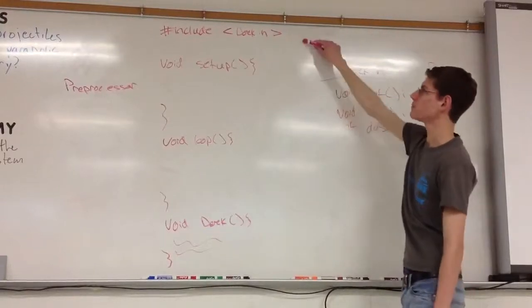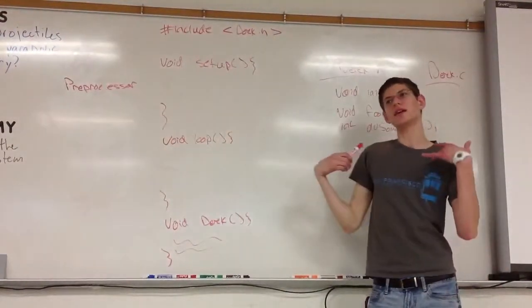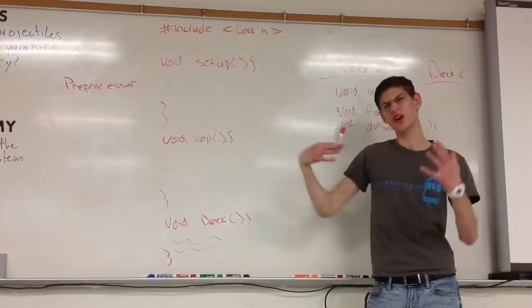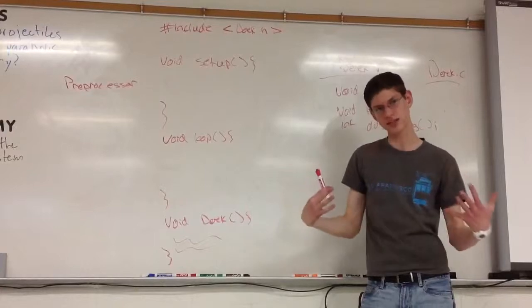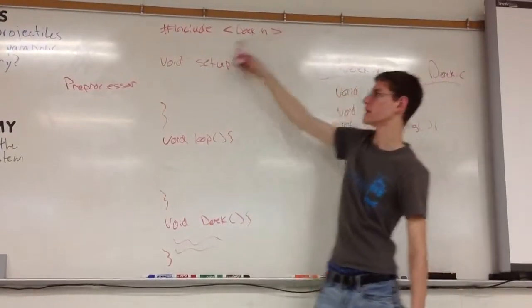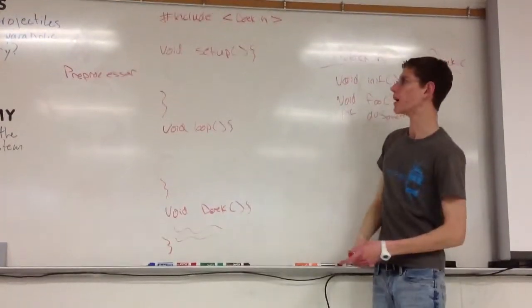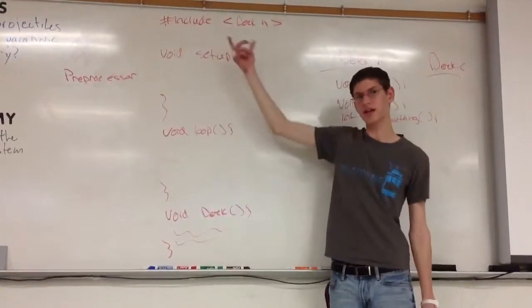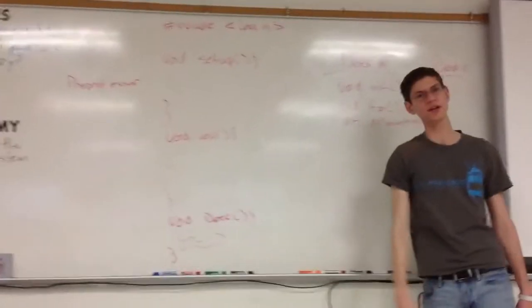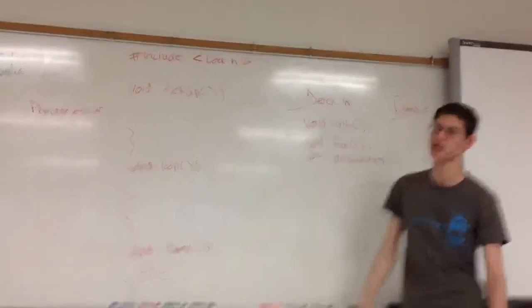It looks for statements that start with the pound, and then it restructures the way your file looks. So this particular preprocessor, the include one, restructures your file by including the Derek.h file. It's going to search through your entire computer and try to find Derek.h. Let's say you stored it in some arbitrary directory.